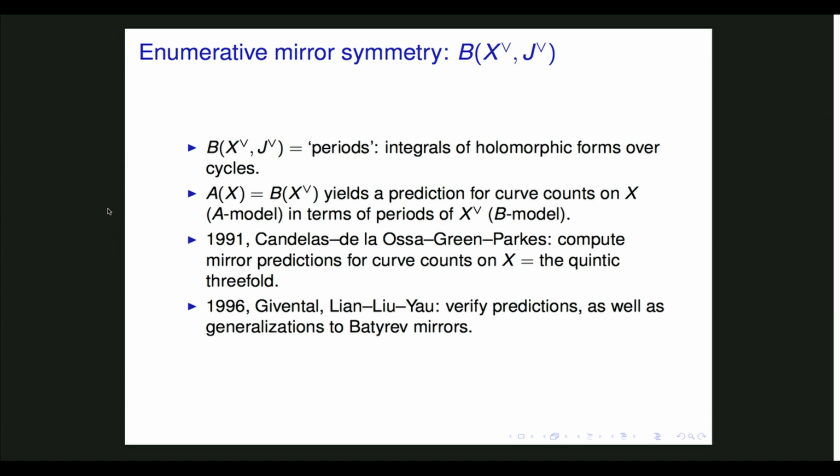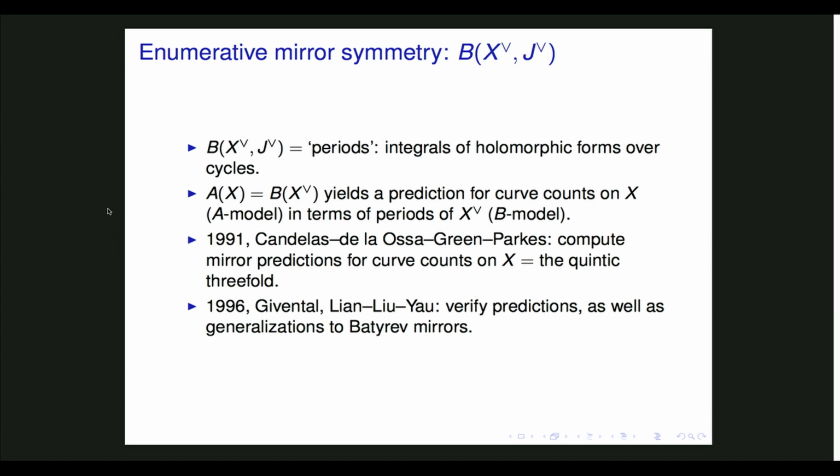So the prediction that A of X equals B of X check means curve counts on X should be equal to periods of X check. So periods are something we can compute. Curve counts are a bit more mysterious, so this is usually taken as being a prediction for these mysterious curve counts in terms of something computable.